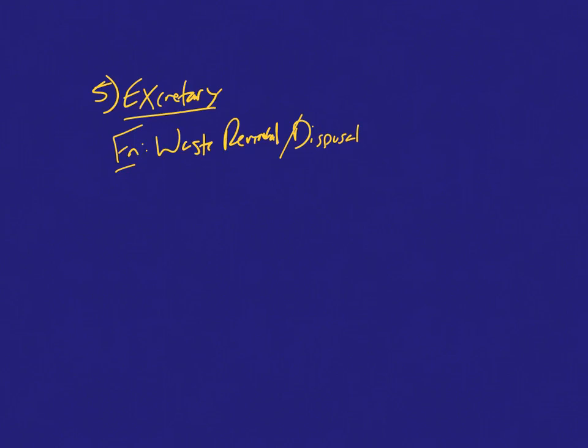When we talk about the excretory system, we're really looking at two pieces, right? We're talking about excretion of solids, but that's really more the job of your digestive system, right? Typically, when we talk about the excretory system, we are talking about urine, right? And removal in that way.